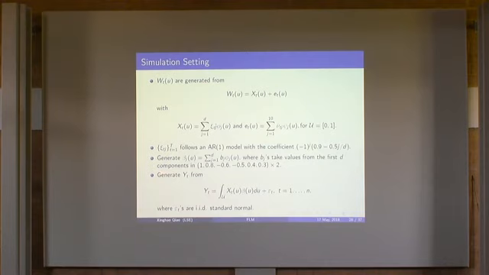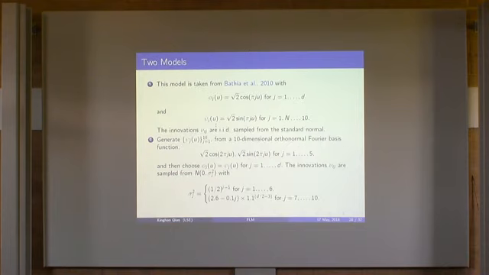And finally, we generate the response variable like in the linear regression model framework here. Okay, so the first model we consider is also taken from Bathia's paper, but we use the phi and psi, so they are different for the signal process and the error process. Okay, but they are actually not orthonormal.